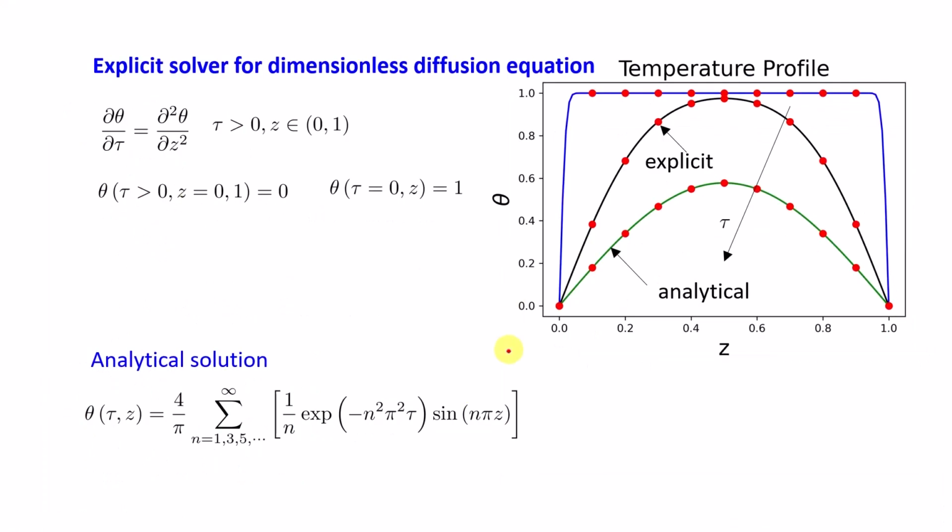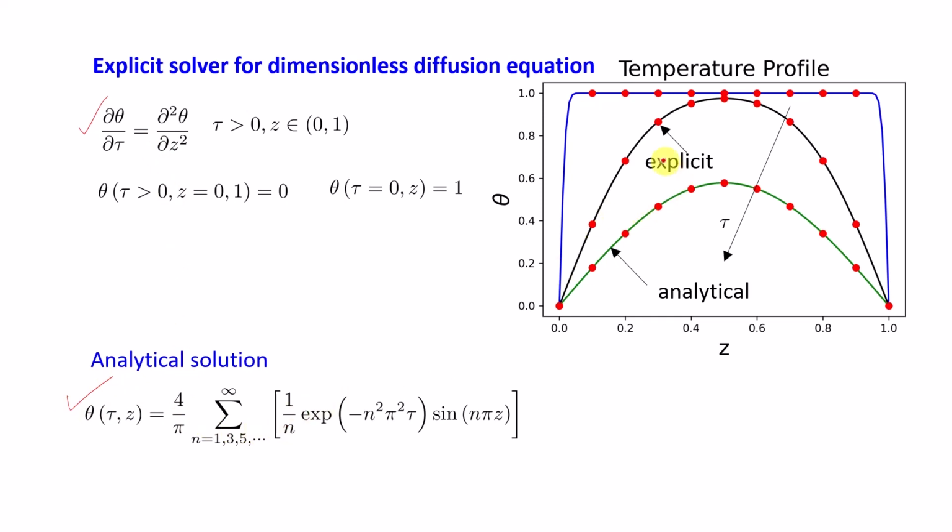So again, we are here. This is the plot that we have just developed, and I brought the plot here. What I have conducted is an explicit solution for the dimensionless case, and the corresponding analytical solution which we have derived before is this.